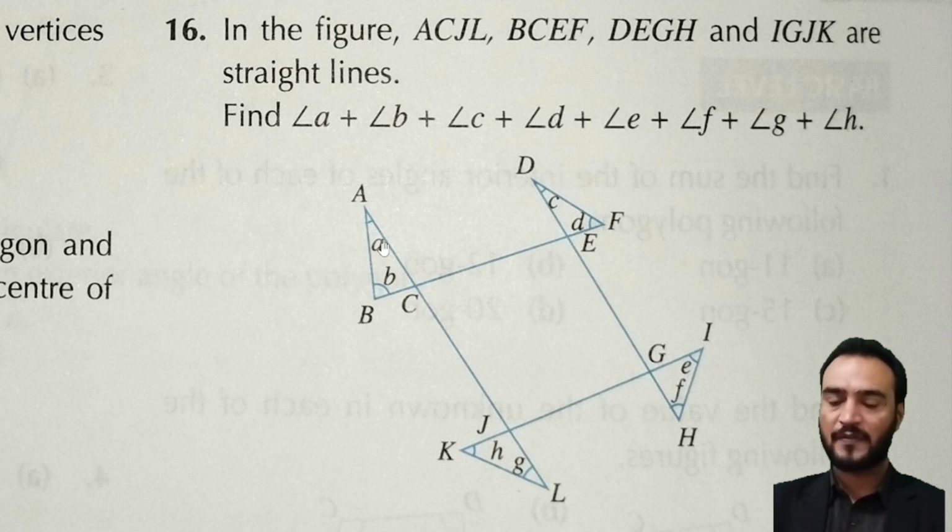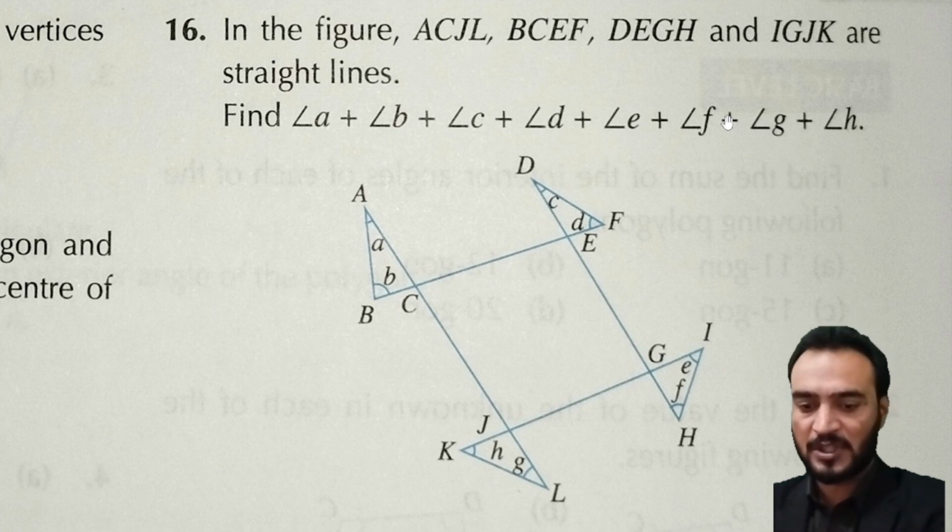We put the sum of interior angles of these triangles, A plus B plus 90 equals 180 degrees, to get the value of angle A plus angle B, and so on. Hence, we have to find this sum: angle A plus angle B plus angle C plus angle D plus angle E plus angle F plus angle G plus angle H. We have to find the sum of these angles.